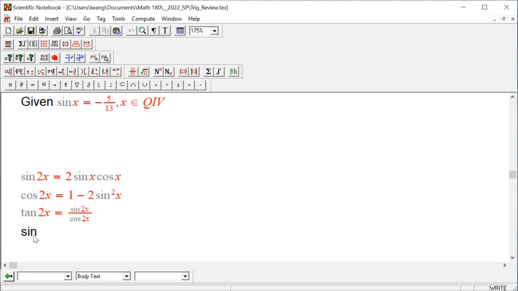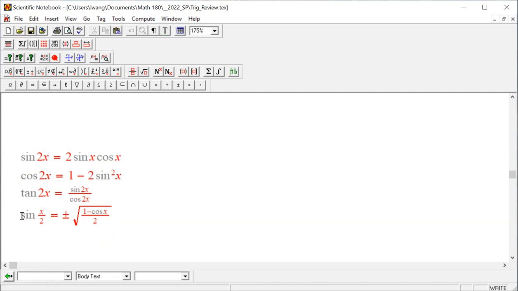Sorry, sine of half x. I deleted it and couldn't go back. But anyway, so plus minus. Let us take our time instead of rushing it. When I rush it, sometimes I just make mistakes without knowing until it's too late.